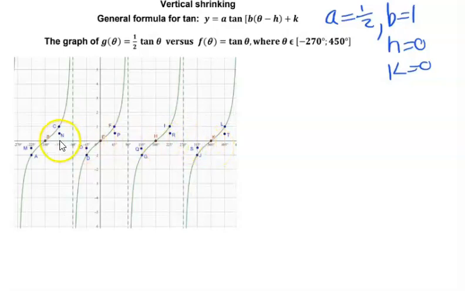If I take the values at C, F, I, and L, then I see all of them were value 1. So if I take 1 divided by 2, I get a half. I make a dot. 1 divided by 2, 1 divided by 2, 1 divided by 2, and I get the new dots N, P, R, and T.